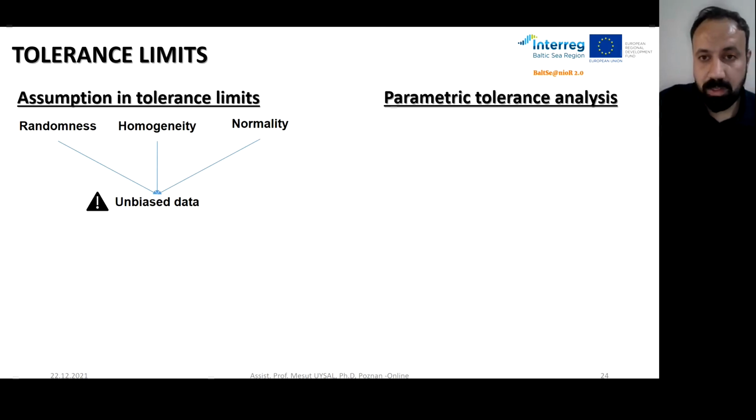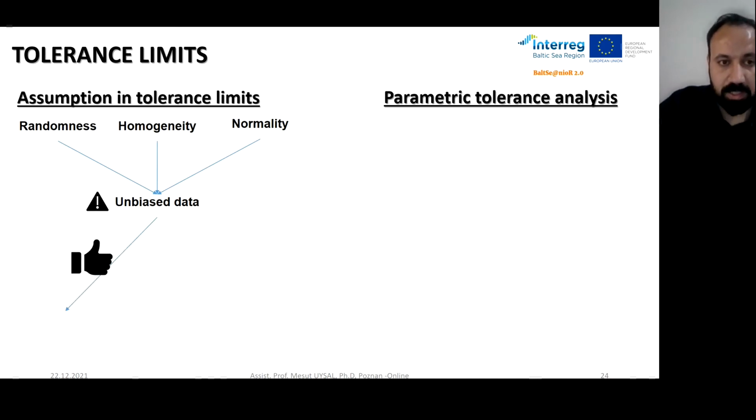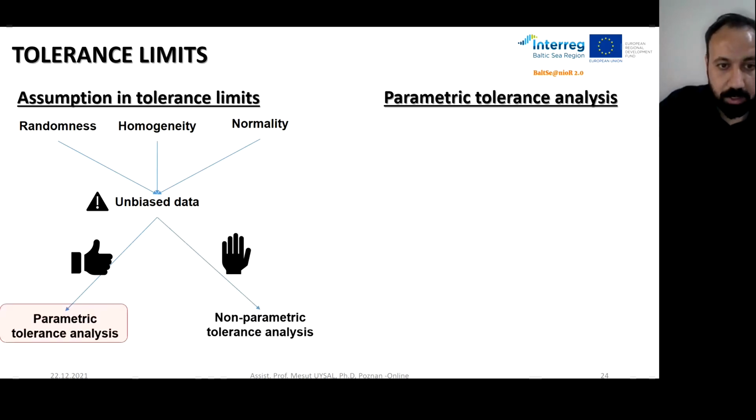During testing or material selection, everything should be homogeneous, and in a statistical experiment, we should choose random samples. If we have unbiased data, we meet this assumption and we use parametric tolerance analysis. If we cannot, it is going to be non-parametric tolerance analysis.